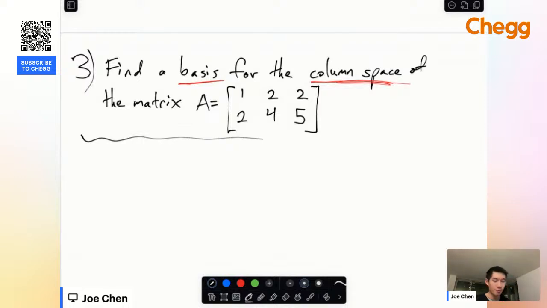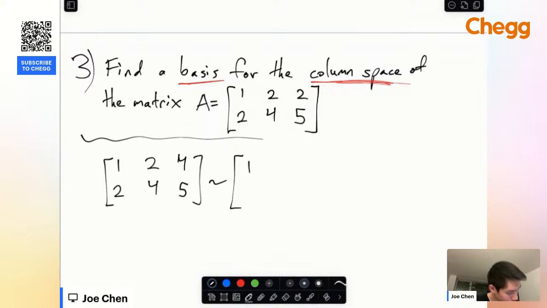So like many problems in linear algebra that I've gone through so far, the first step is to do row reduction. So let's do it. Say 1, 2, 2, 4, 4, 5. For row reduction, we want to get rid of this entry here.